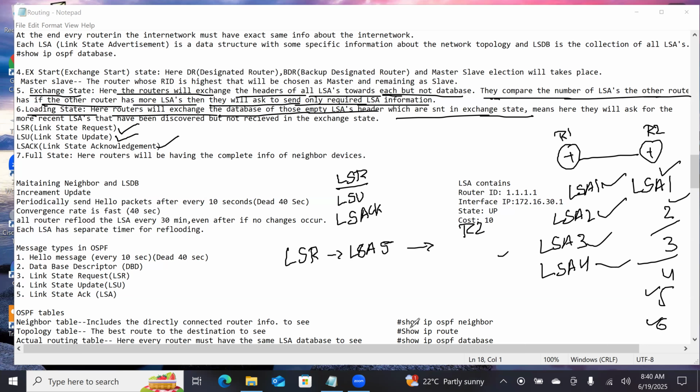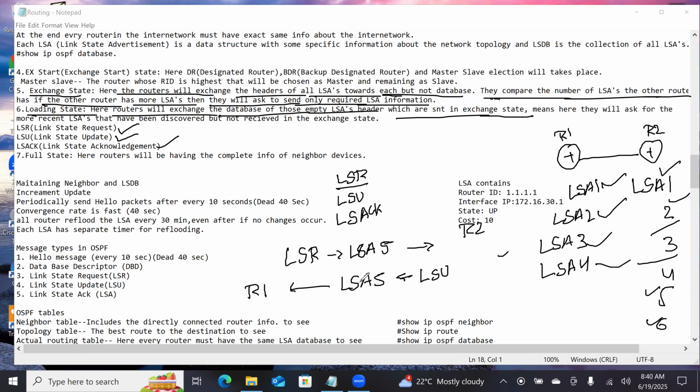Understood? So once router 2 gets a request for LSA 5, it will send an LSU for LSA 5, and that will reach router 1. That means router 2 is sending the whole database of LSA 5 towards router 1.